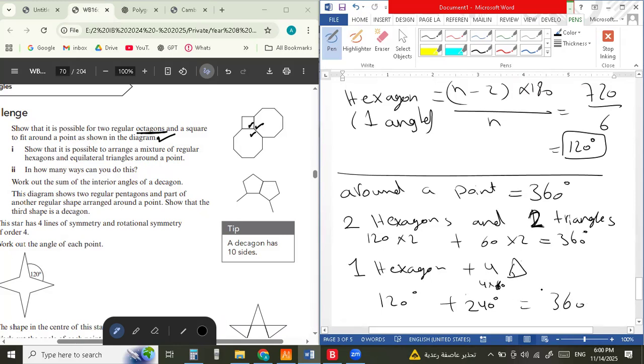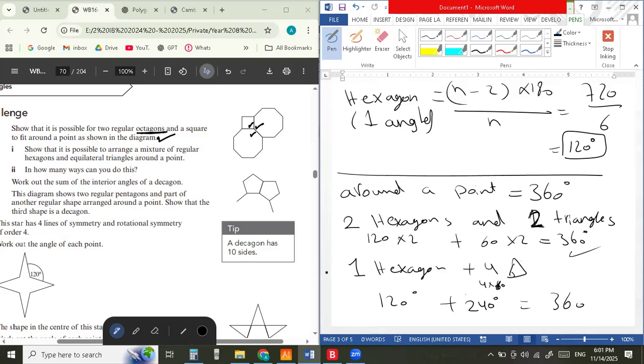So yes, I can have a mixture of hexagons and triangles rearranged around a point. The interior angles around the point must add to 360.